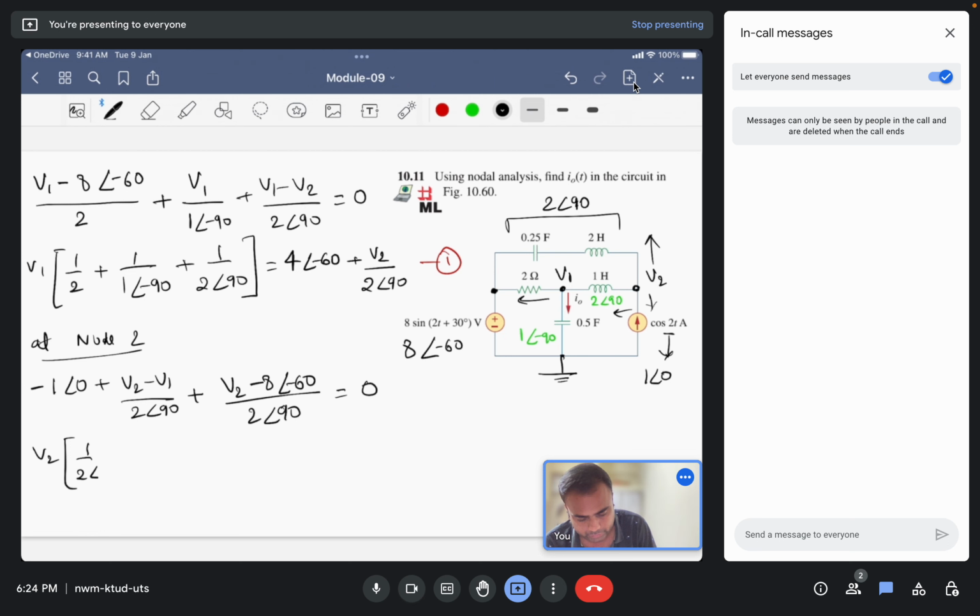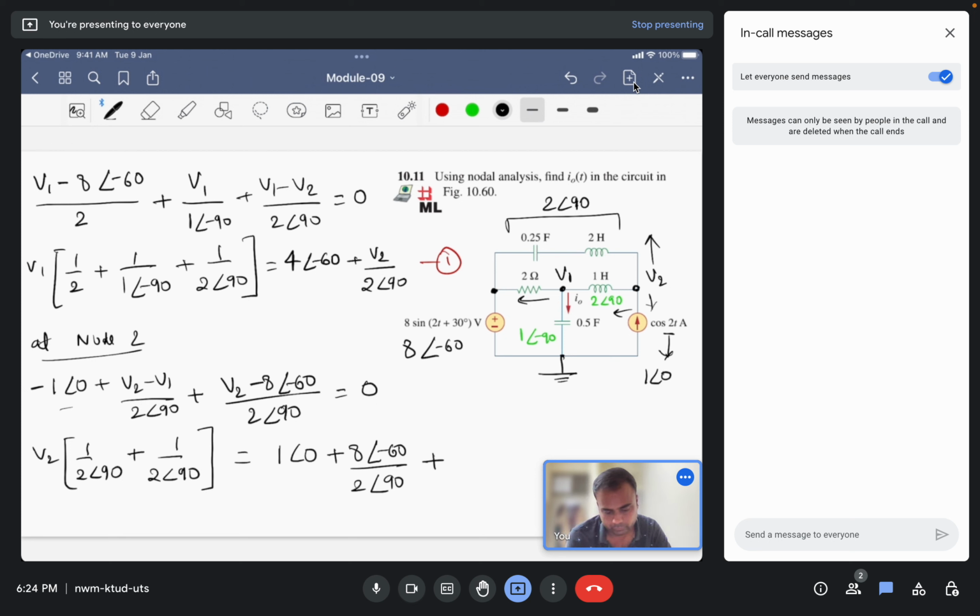So 1 by 2 angle 90 plus 1 by 2 angle 90, this times V2 is equal to 1 angle 0, plus 8 angle minus 60 divided by 2 angle 90, the positive sign is there, and plus V1 divided by 2 angle 90.